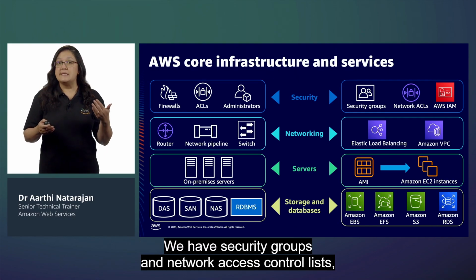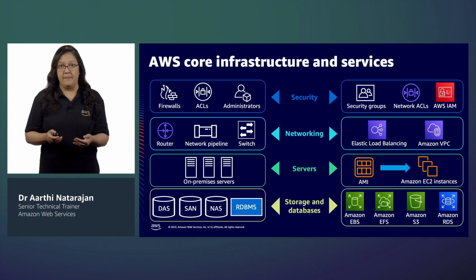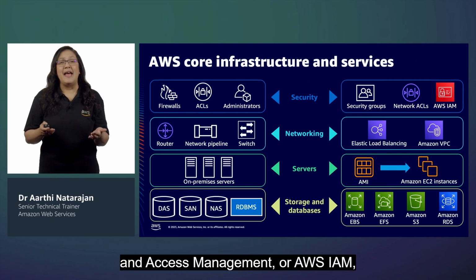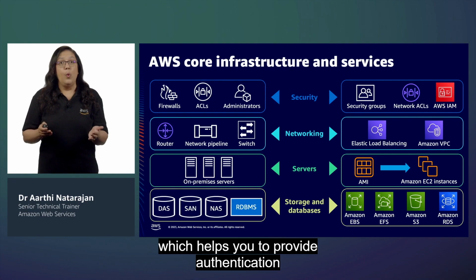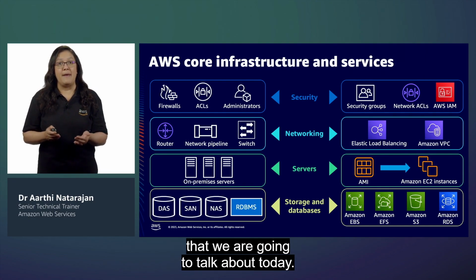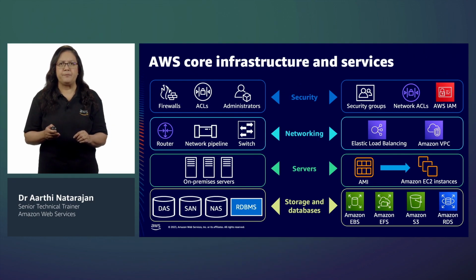We have security groups and network access control lists, which we will talk about in the networking module coming up. We've also got a service called Identity and Access Management, or AWS IAM, which helps you to provide authentication and authorization to the users of different AWS services that we're going to talk about today. So you have the ability to manage that through one single service.